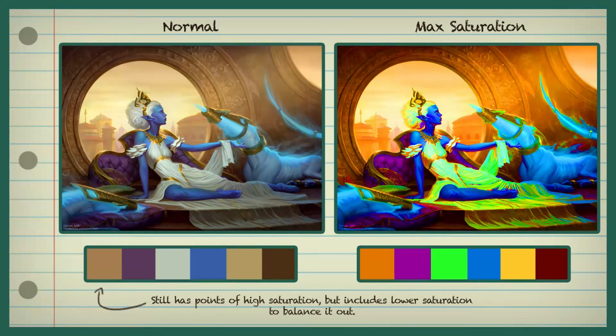Not all colors can have equal saturation, or else the painting would feel pretty chaotic and unbalanced. Other colors have to step aside on saturation to help other colors stand out. And this is all stuff that we will cover further on in the video. For now, just understand that saturation is, in basic terms, how gray a color is versus it at its purest form.